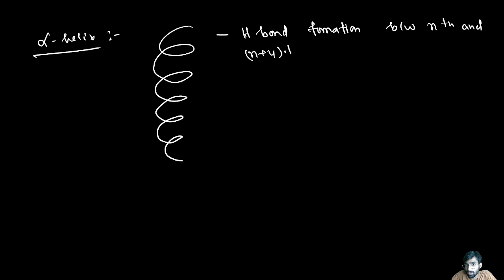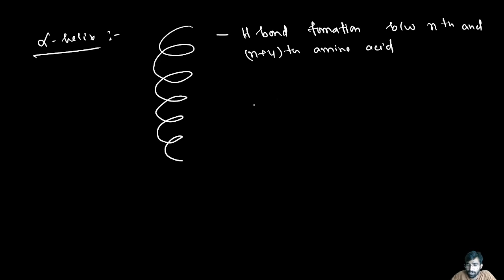It's a helical coil. Here, a few things you should remember. First thing is that in alpha helix, there is hydrogen bond formation between the nth and n plus fourth amino acid.